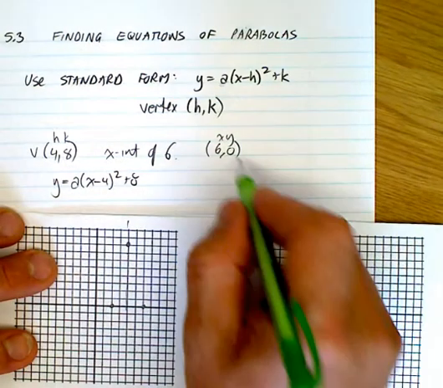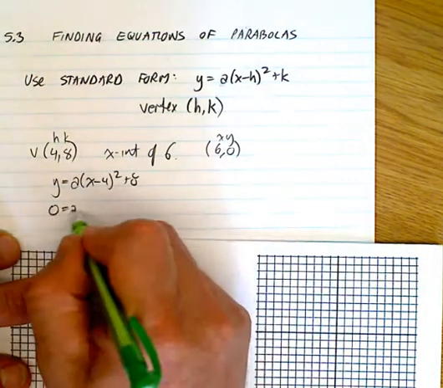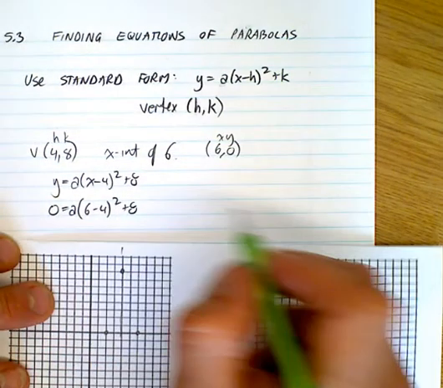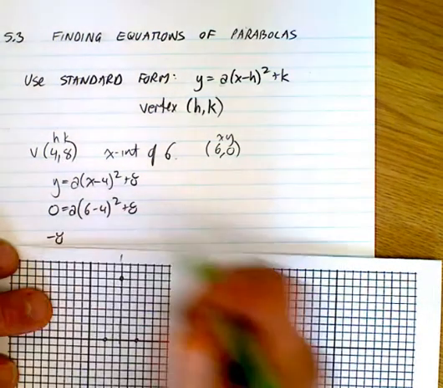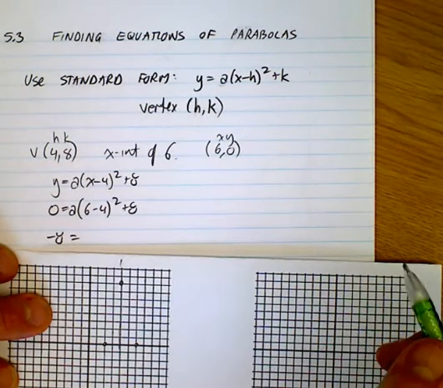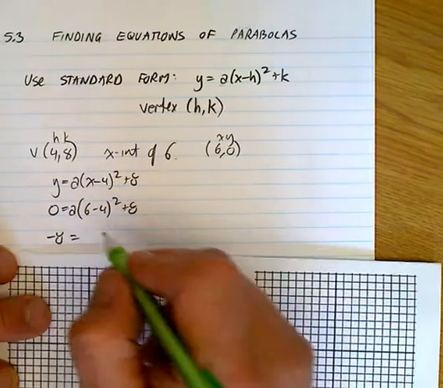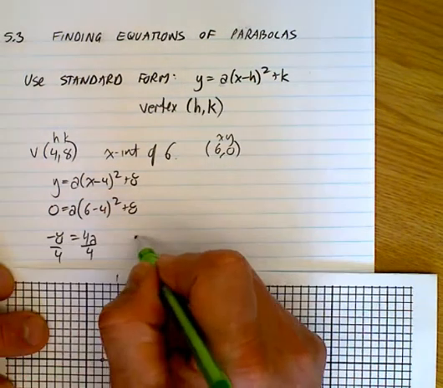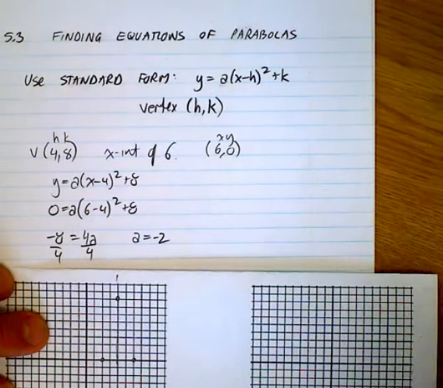Now let's use the point. The y value is 0. X is 6. This is going to give me a negative 8 on this side is equal to 6 minus 4 is 2. 2 squared is 4a. If you divide both sides by 4, you get a is equal to negative 2.